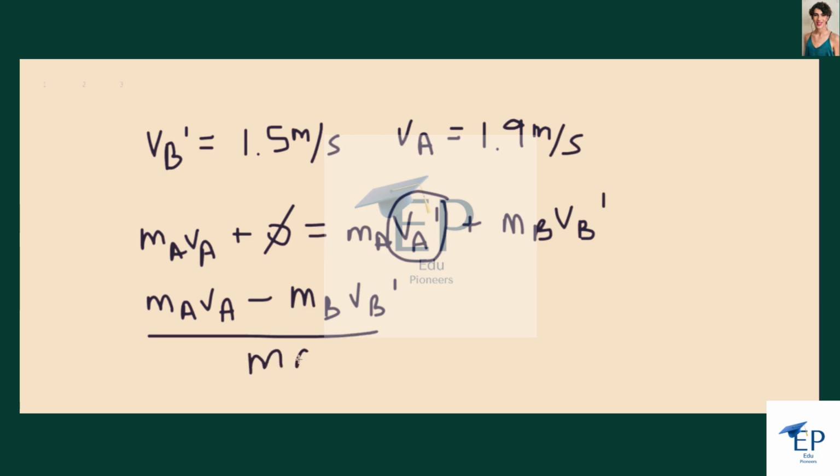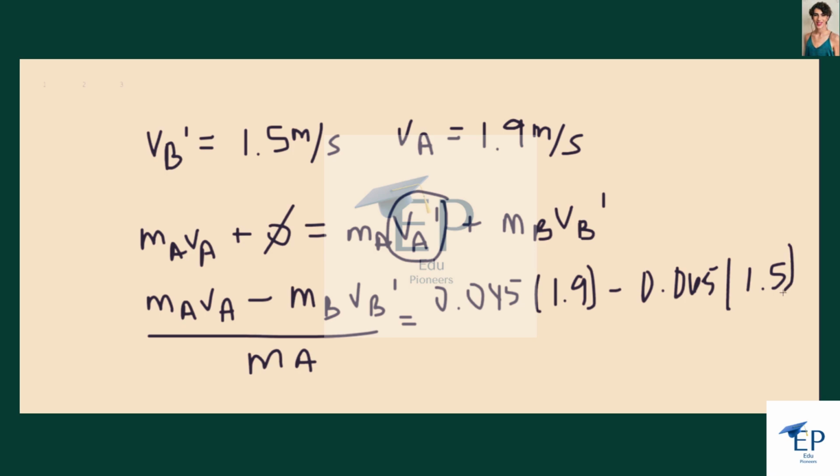So we can say 0.045 was the mass of A, 1.9 velocity of A, 0.065 is the mass of B, 1.5 is the velocity of B after the collision, and this is the velocity of A after the collision.